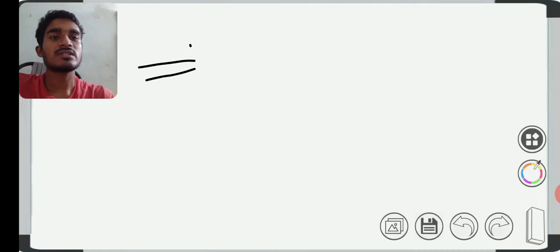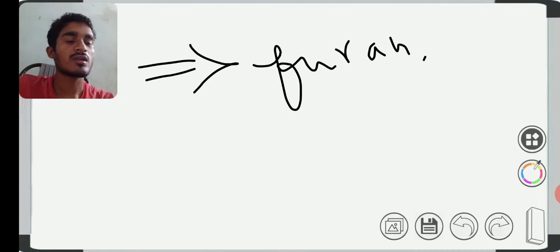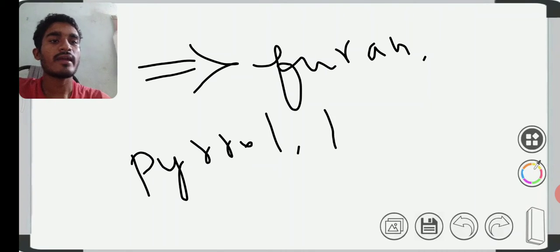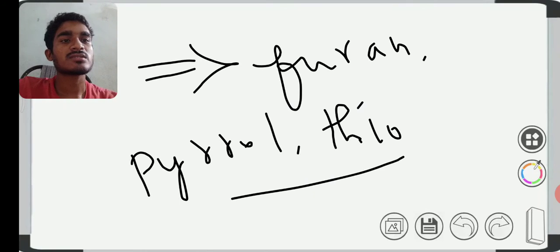Now we see the structure of furan, pyrrole and thiophene, and then we discuss the structure of these furan, pyrrole and thiophenes.